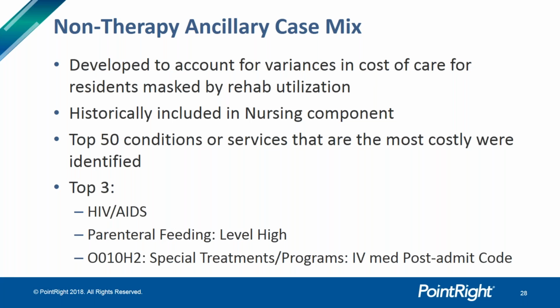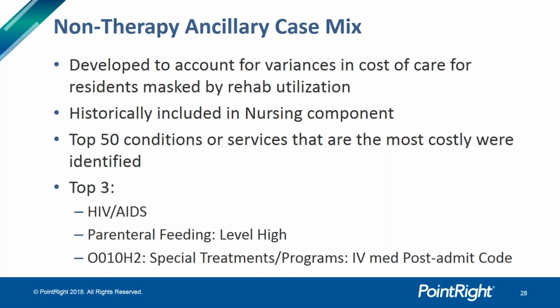The top 50 conditions or services that were the most costly were identified. And so those were the ones that they're looking at when they're accounting for increasing or decreasing the case mix indices for the NTAs. So the top three, probably no surprise: the presence of a diagnosis of HIV or AIDS, folks that are getting tube feeding at a high level.